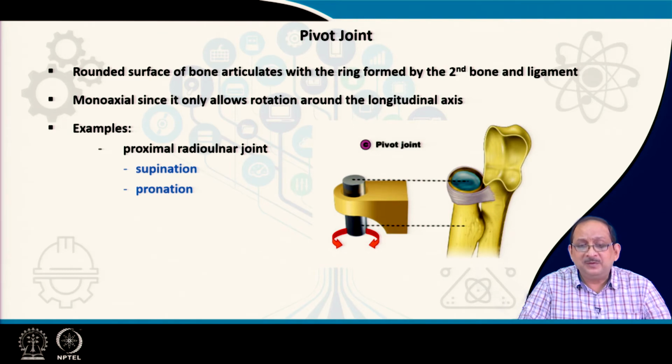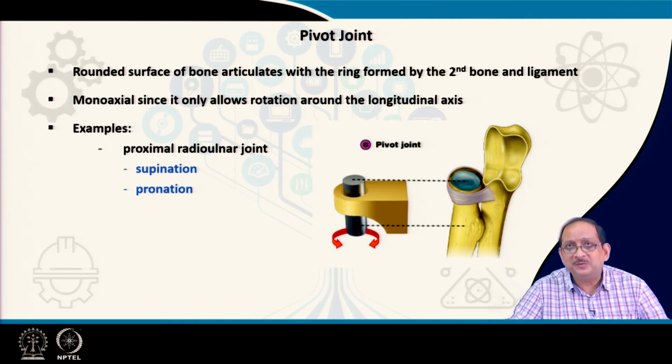An example of a pivot joint is the proximal radio-ulnar joint, as you can see here, and the movements offered by this joint are supination and pronation.